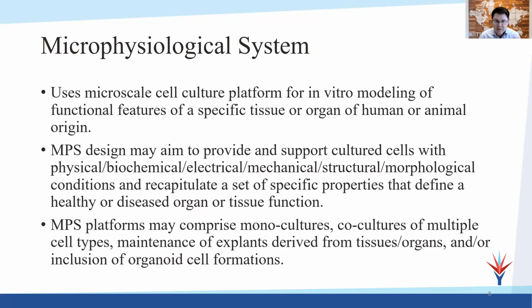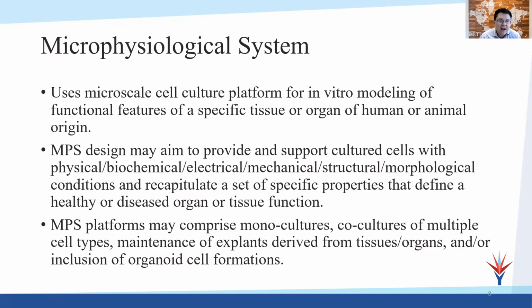In reality, it's more complicated, but in theory, you could replicate. And these platforms may comprise monocultures, co-cultures of multiple cell types, maintenance of explants derived from tissues or organs, and inclusion of organoid cell formations.